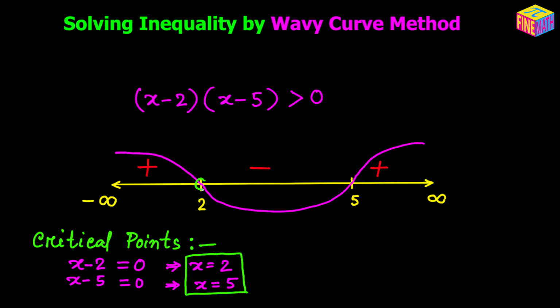We have to find out all possible values of x for which the function value will be strictly positive, meaning greater than 0, right? If you try, say suppose x equals 2, the first factor becomes 0, so essentially your function value becomes 0. So we really cannot take any of those critical points.